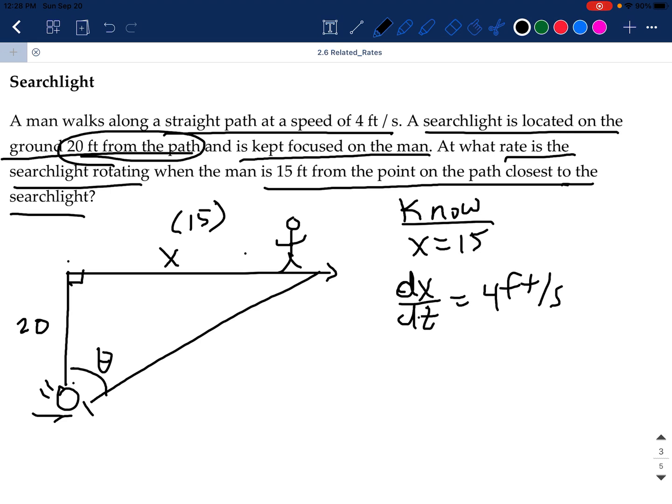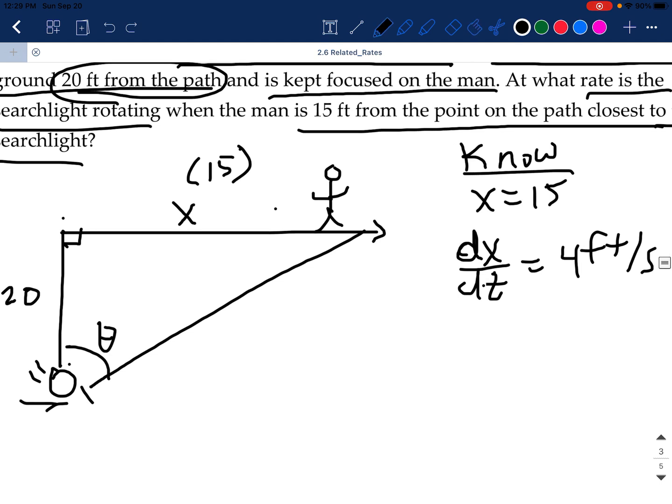The relationship we're going to use is opposite over adjacent to the angle theta, which is tangent. So tangent theta is equal to x over 20. It might be better to write it as 1 over 20 times x, which some of you probably chose to do, so we don't need the quotient rule.